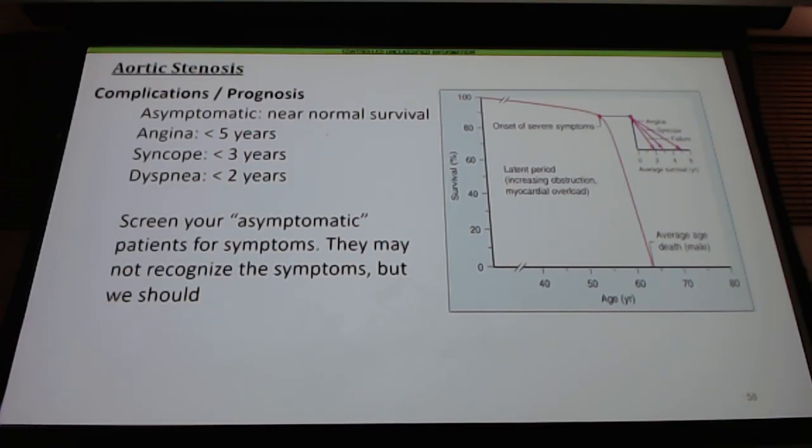The importance is that once symptoms start to develop because of aortic stenosis, prognosis starts to go down quickly. If they start getting angina, they have less than 5 years to live. If they start getting syncope, less than 3 years. If they have shortness of breath, less than 2 years to live. So verify that your patients with severe aortic stenosis in fact are asymptomatic when they say they don't have any symptoms.